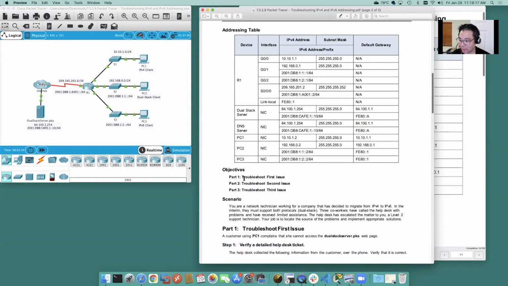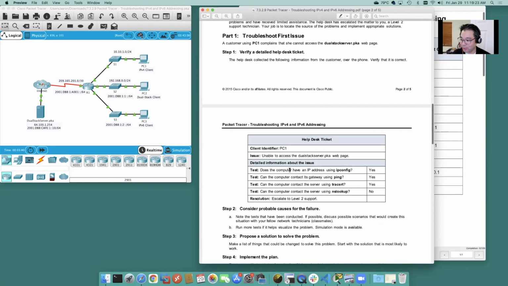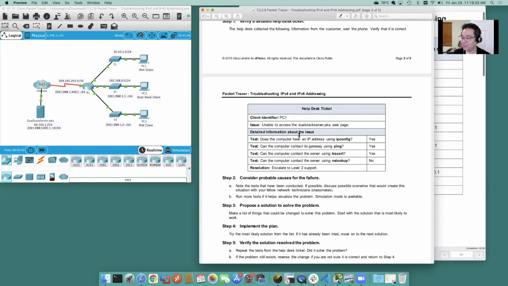Alrighty. So it looks like we have three issues here, where the help desk punted to level 2 support. That would be you. It looks like some basic tests have been done and couldn't resolve it, so you get to.